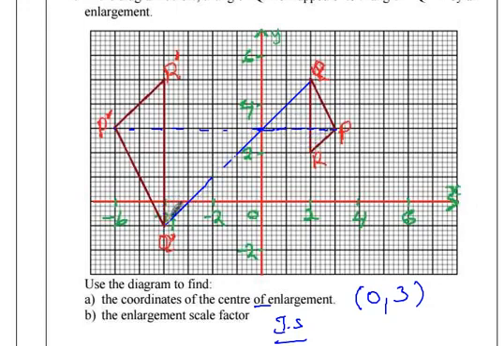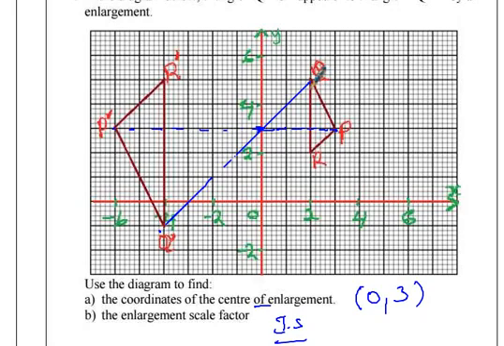For example, I can use Q prime R prime divided by QR, corresponding sides. Or I can use P prime R prime divided by PR. I can also use P prime Q prime divided by PQ. Or I can measure the distances from the center of enlargement, for example, this distance divided by this distance. Or this distance divided by this distance.